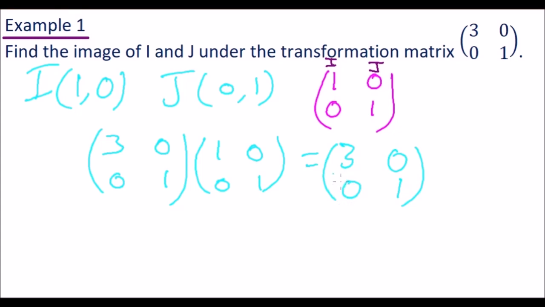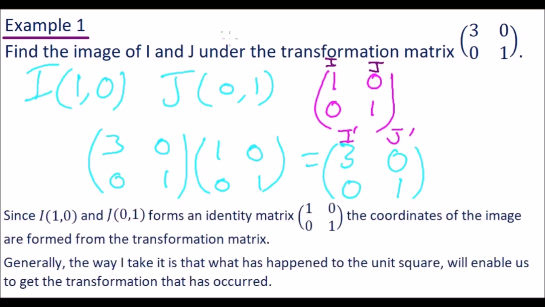So you note here that our transformation matrix has not changed. Actually, we can say that our image, I prime and J prime, is the same as the transformation matrix.